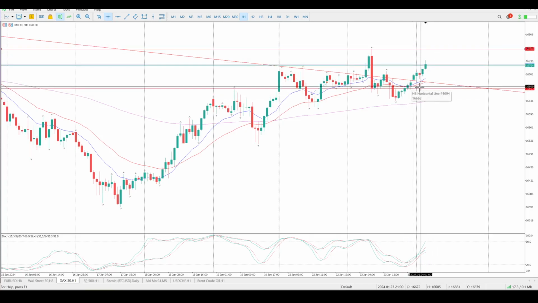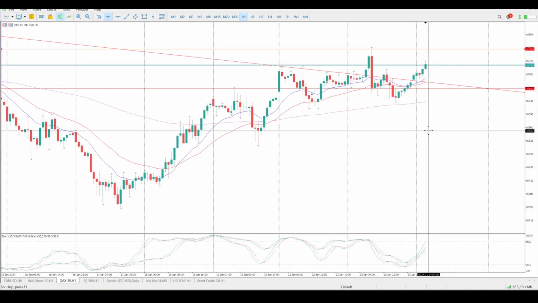So all of this is after market or after hours price action. Take it with a pinch of salt. The S&P is looking really strong, but the Dow looks a little bit shaky, like this does. We'll have to wait and see what is going to transpire here.